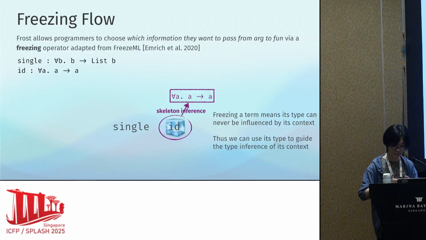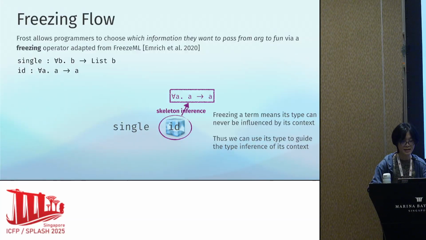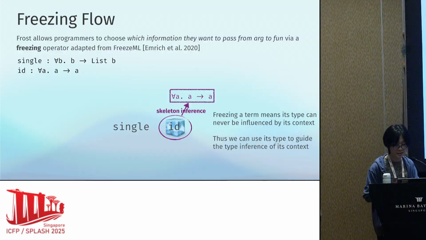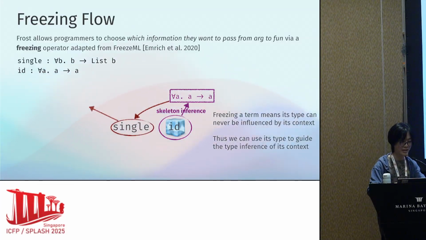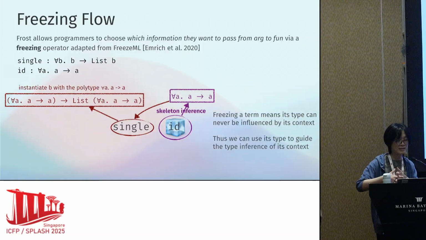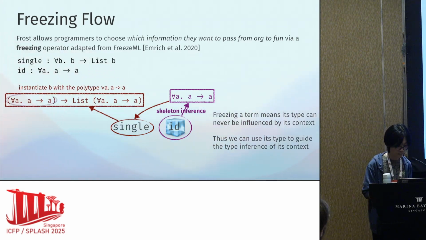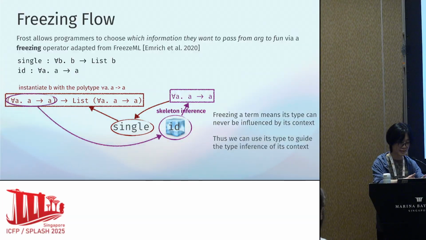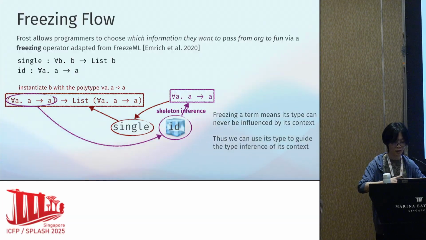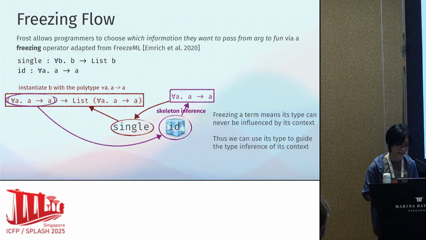Freezing a term means its type can never be influenced by its context. And we can use its type to get the type inference of the outside. So this type is passed to single, which tells us that we should do a polymorphic instantiation for single. And then the polytype for all a. a to a also, of course, goes back to id.